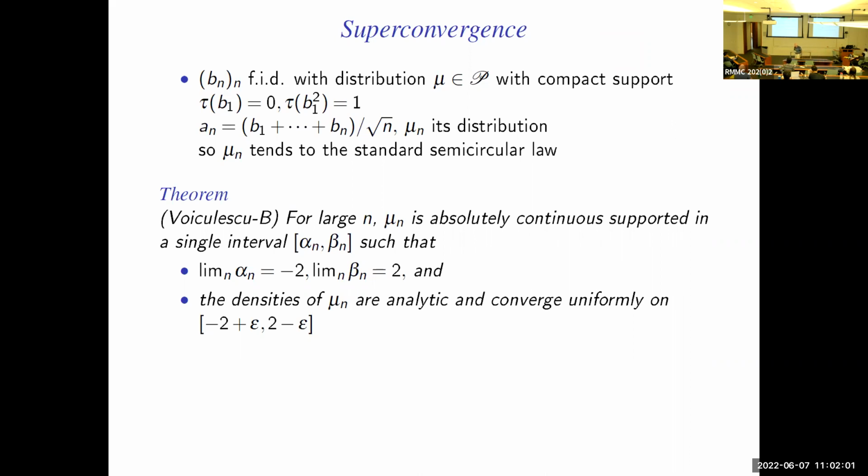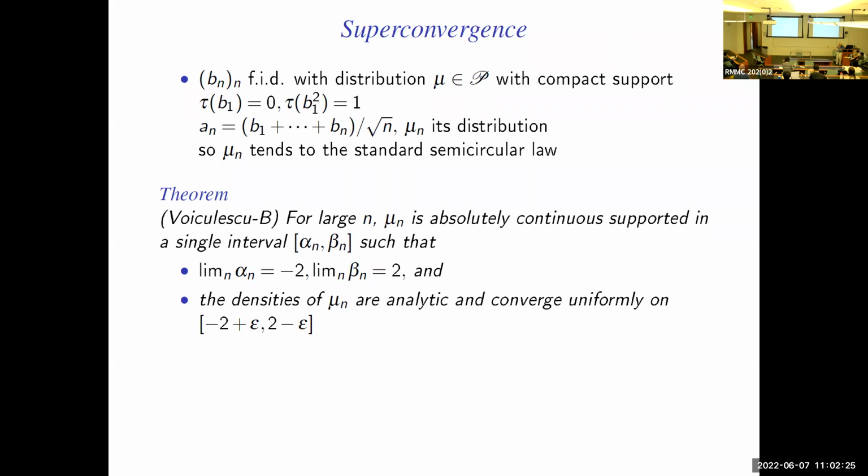And the truth is that you get uniform convergence. I think J.C. Wang actually proved that you have uniform convergence everywhere, including at the endpoints. That's not so surprising, but it's good to know. So you have uniform convergence on the entire domain. You just don't have analyticity at the endpoint.